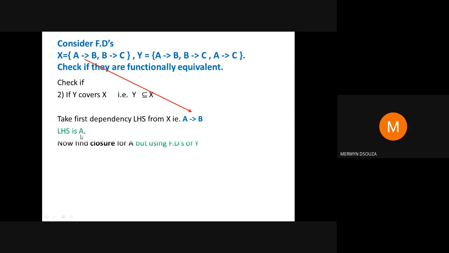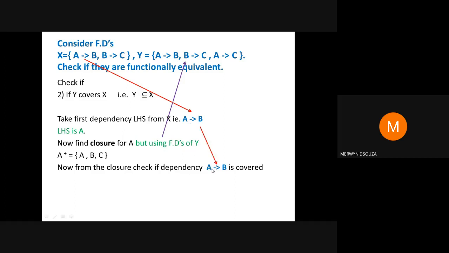So now let's check the second condition. Take the first dependency of X, that is A determines B. Take the left hand side A and find the closure for A. But because this is an FD from X, you need to find the closure using the FDs of Y. When you find the closure, you will get A, B and C. Once you have found the closure, check whether Y covers X, that is, whether A determines B is covered.